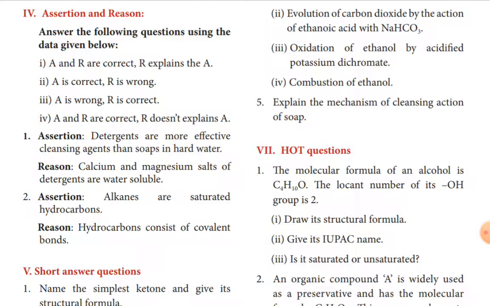That is also correct, but it does not explain the assertion. So option 4: both the statements are correct, but the statement of reason is not explaining the statement of assertion. So option 4 is the correct answer. R doesn't explain A.